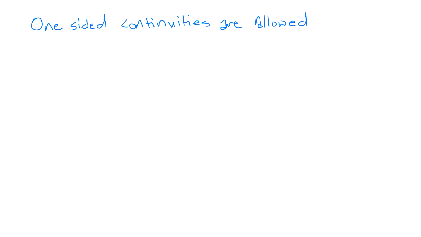If everything is continuous, it's fine. And if only one side of the endpoint is defined, you can just use the one-sided limit.